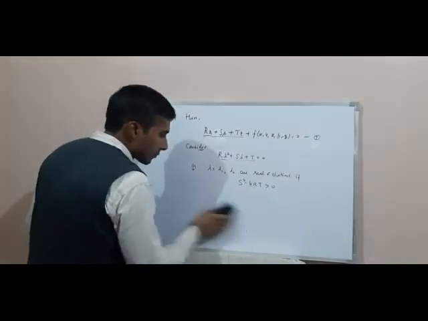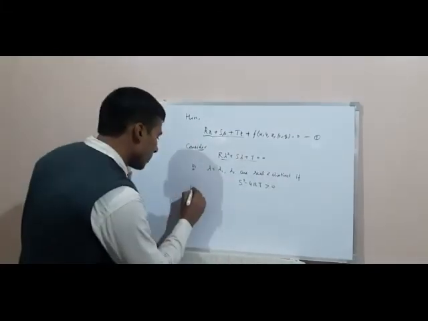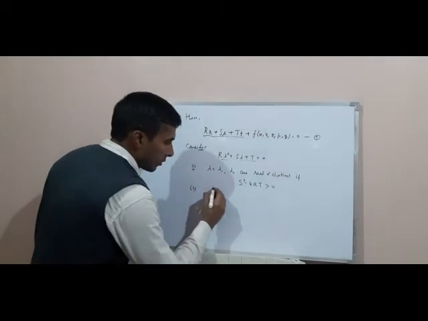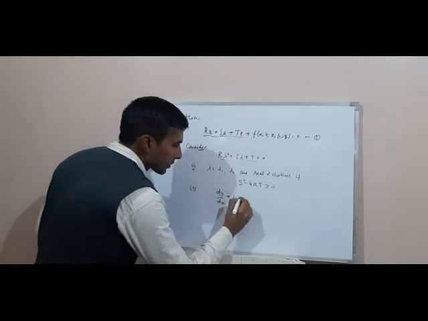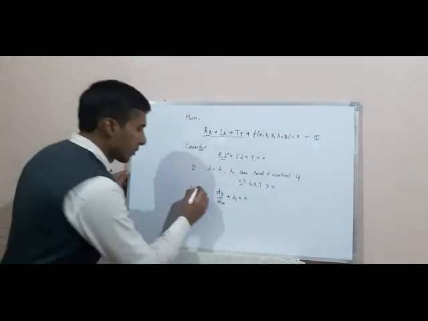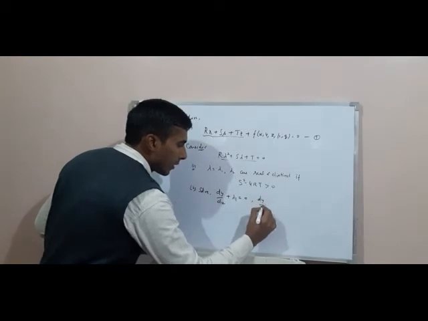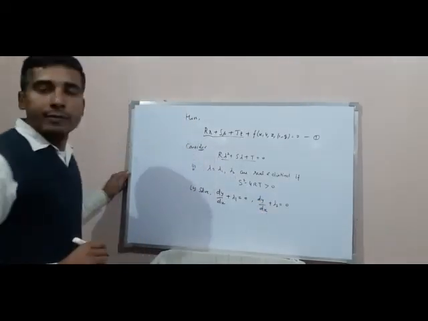After this, if we get two values of lambda, then we will solve two differential equations. The differential equations are dy/dx + λ1 = 0, solve this, and dy/dx + λ2 = 0.